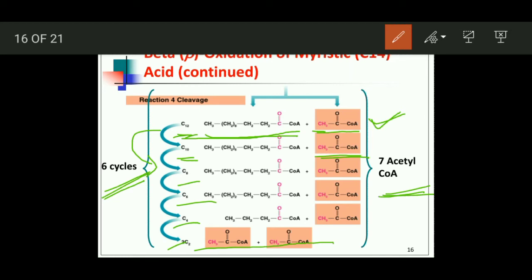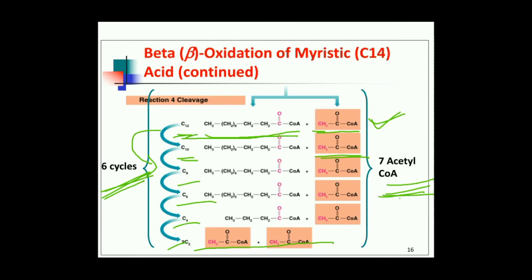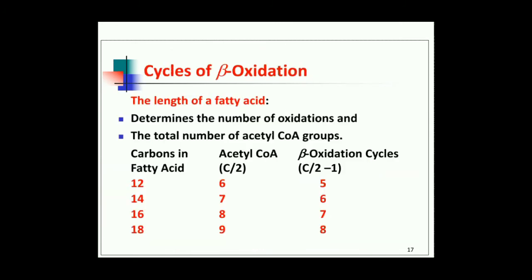So guys, by this concept you can take any fatty acid and apply beta oxidation, and you can get the required number of acetyl coenzyme A and cycles. This is the idea here, guys. Clear? Now let's move on.